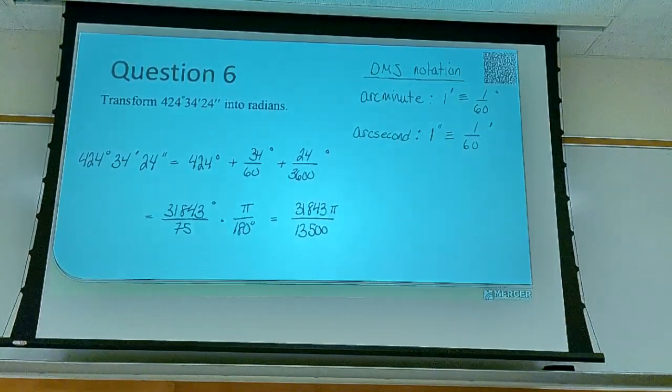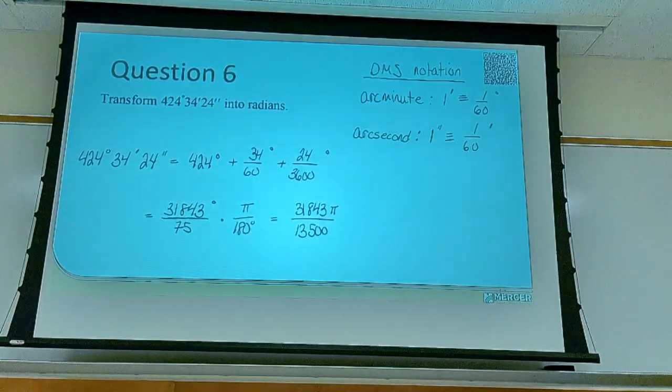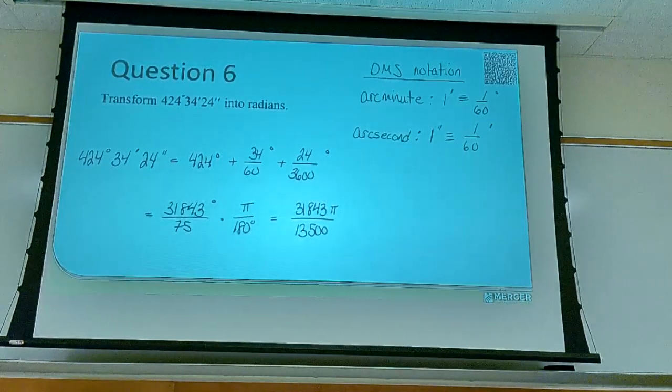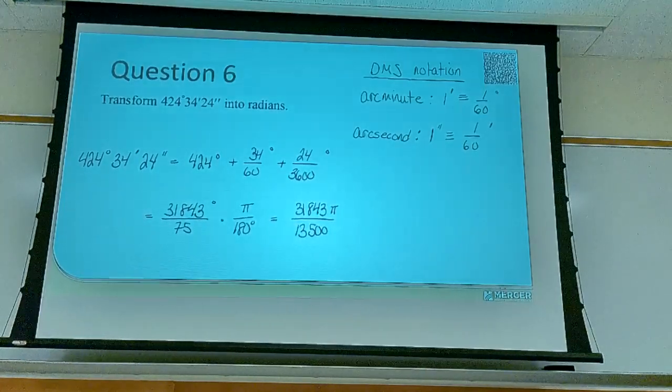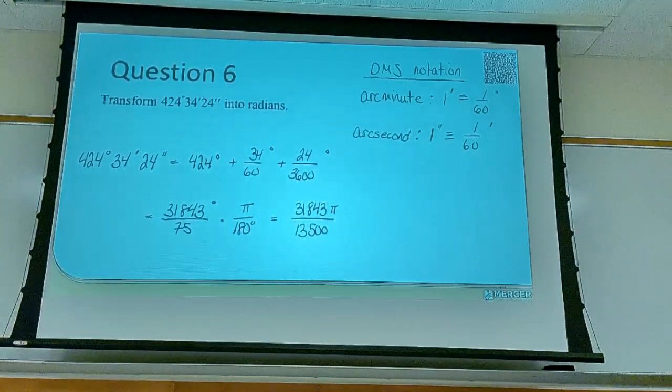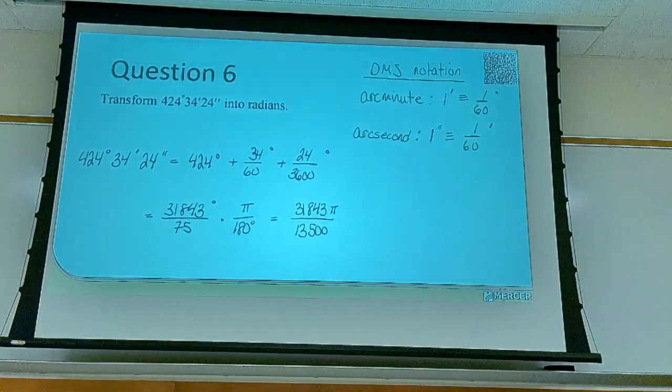Actually, I don't think it is 75. It just winds up simplifying down to 75. The easiest thing to do is just use 3,600 as your common denominator. It's not the least common, but it is a common. Then it's just 34 times 60 and 424 times 3,600. Add them all together and then simplify at the end.